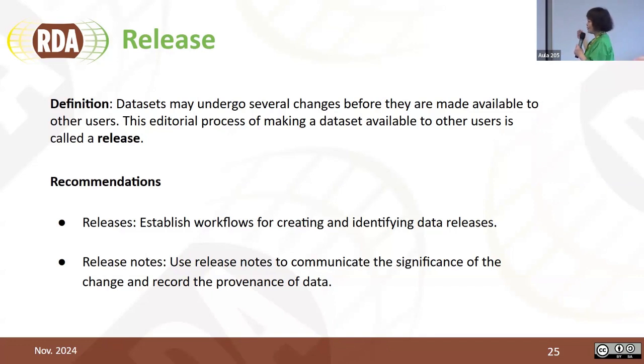When you release, you have to tell people what changes were made from one version to another, and the version numbering also indicates whether you have a major change or a minor change. So the recommendation is that data managers and providers should establish a workflow for creating and identifying a data release.